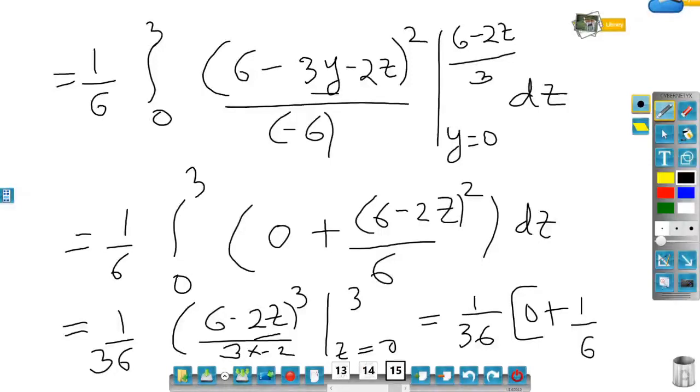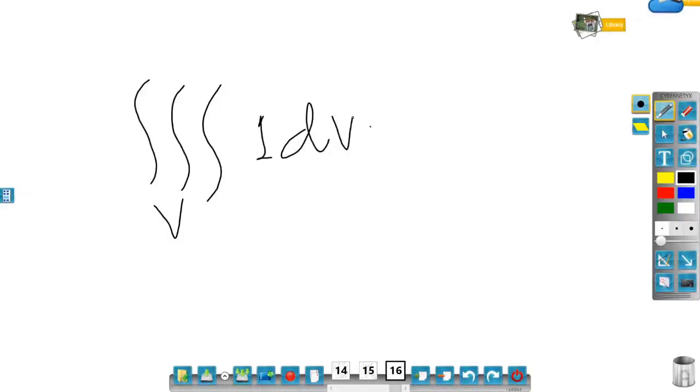When z is equal to 0, I'll get 6 cube. So you can see that in the numerator I have 6 cube, and in the denominator 36 into 6, that is again 6 cube. So ultimately 6 cube upon 6 cube is equal to 1. So finally I got the volume of the tetrahedron, dV dx dy, that is nothing but 1.